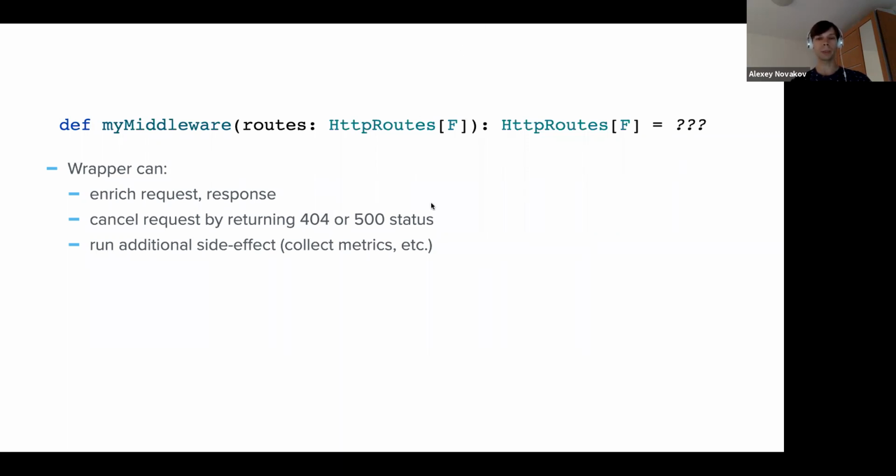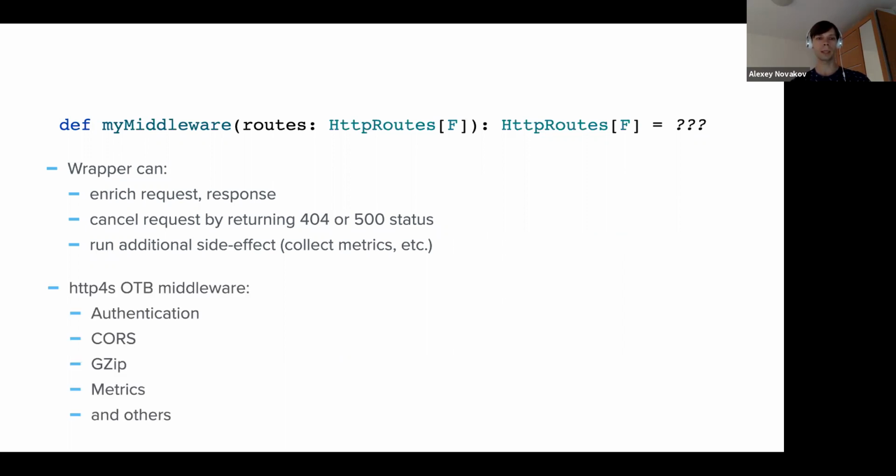It could be a collection of metrics of your request and response results. There is some out-of-the-box middleware from http4s, like authentication, basic authentication, CORS headers, GZip for compressing the body of the response, and also for collecting the metrics. I think there's one for Prometheus, and there could be something else.